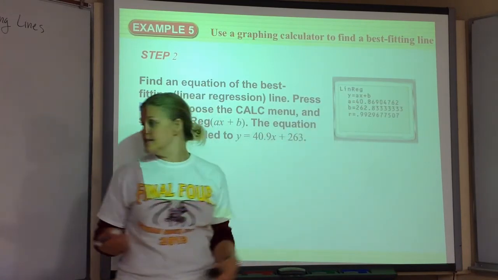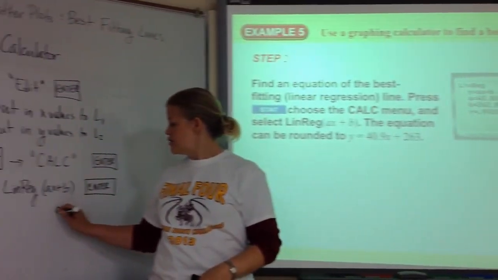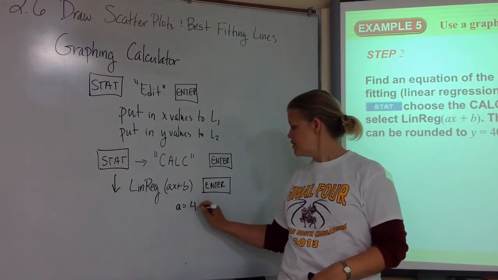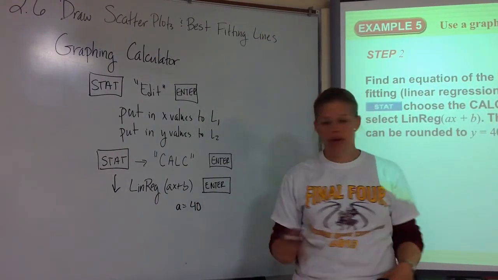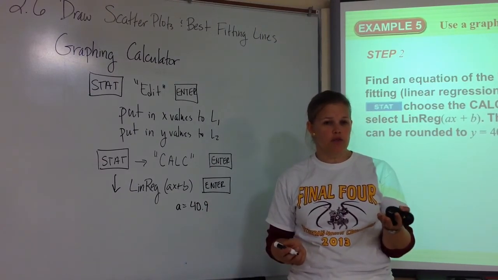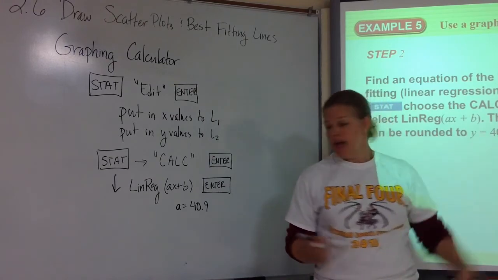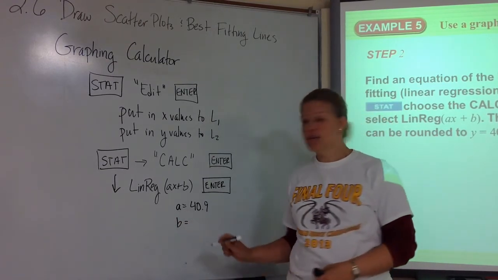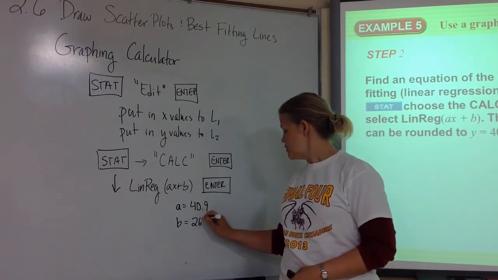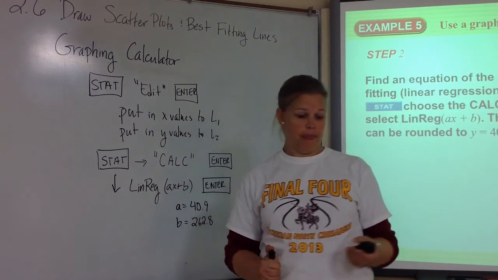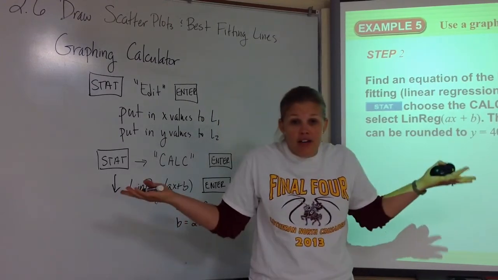So in this case then, you would enter what your A is, write it down on your paper, and in this case we're going to say it's 40.9, and if you remember the other one we got was like 41.3, so very close, and then our B is 262.8, okay? So that's the line, all right? And then you've got your equation.